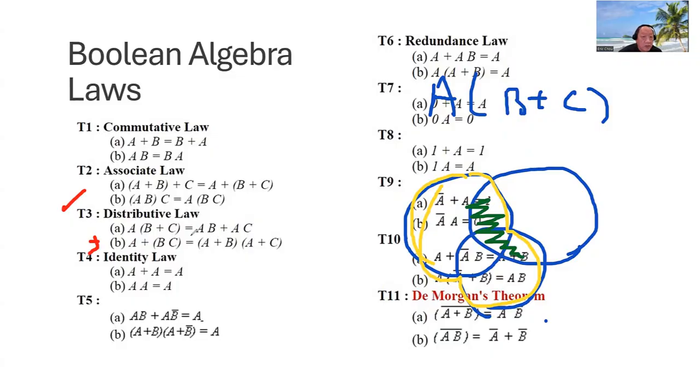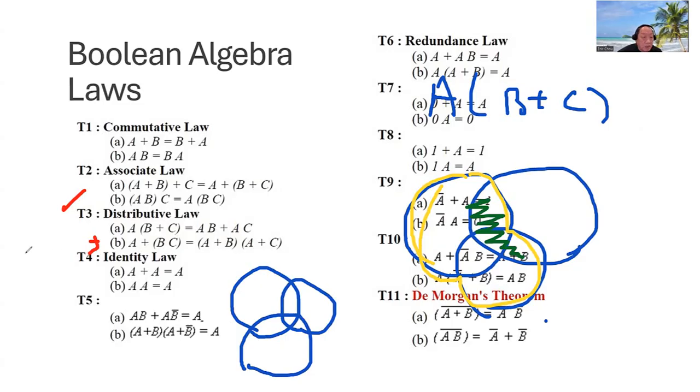Let's look at the right-hand side, AB and AC. AB or AC. AB is this portion. AC is this portion. So you can see that these two are the same.